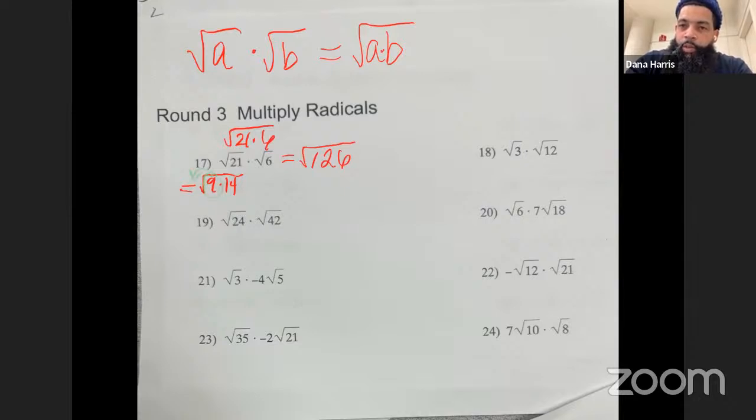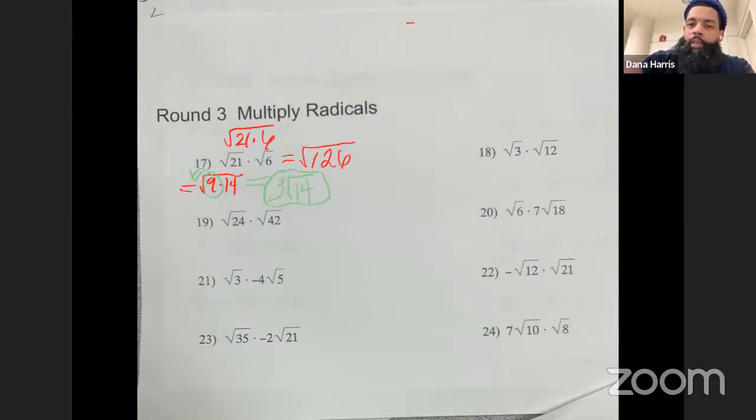We can take the square root of 9 and put it out there. So then we get 3 times the square root of 14. And that's actually it, because 14 can't be broken down into a factor of perfect squares.